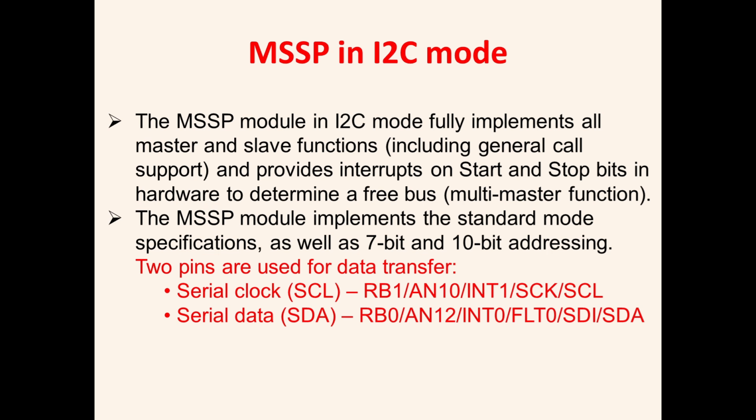This mode can be operated as one master with multiple slaves. When there are multiple slaves, there could be addressing of those slaves so that each individual slave can be identified and addressed with a distinct address, isn't it?